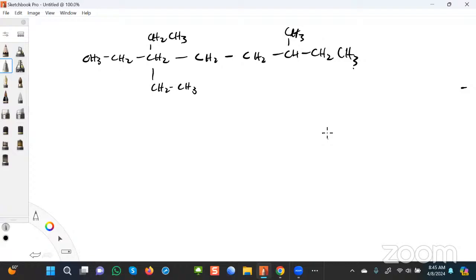All right. So let me see if you guys can do this on your own without any help on my part. What's the name of this compound? Let me just ask you that straight off. What do you think the name of this compound is? Based on all that we have done so far.